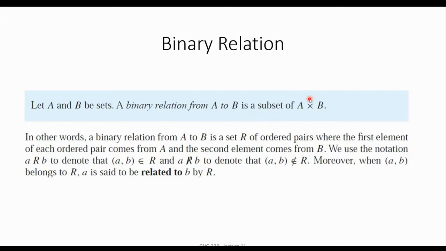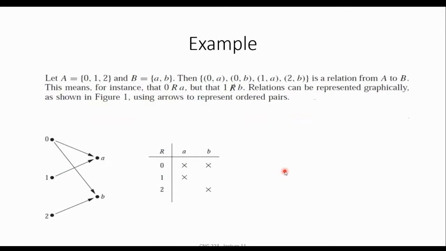This is a subset of A multiplied by B. Okay, and if this pair doesn't belong to R, then we can show it also like this, with a line on it to show that these two are not related to one another. Moreover, when this pair belongs to R, A is said to be related to B by R, as we mentioned before.